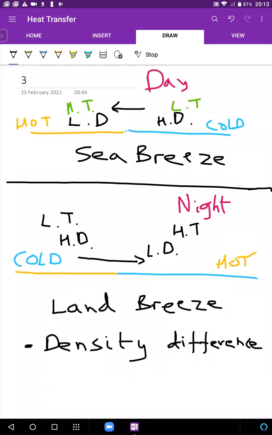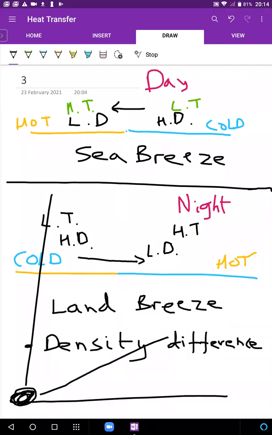And sometimes diffusion can also play a role. Even if gravity is not favoring it, and even if a density difference doesn't necessarily favor it, diffusion is a simple idea that a concentration of molecules over here will eventually want to spread out and occupy the entire volume.